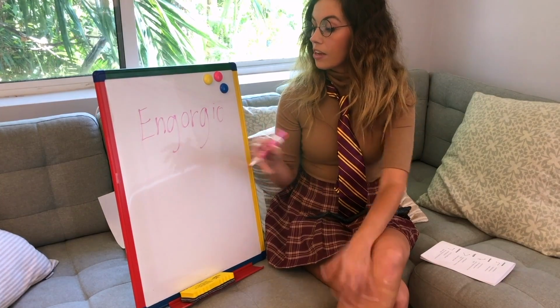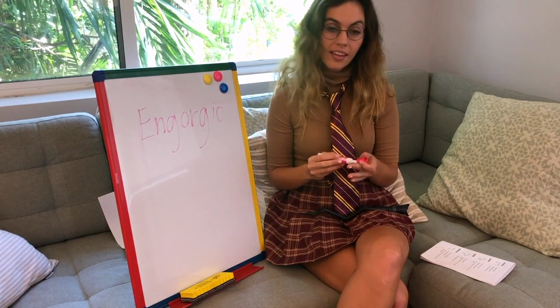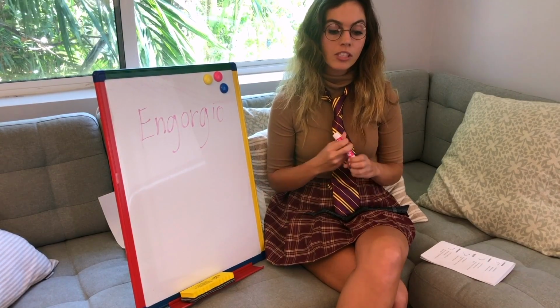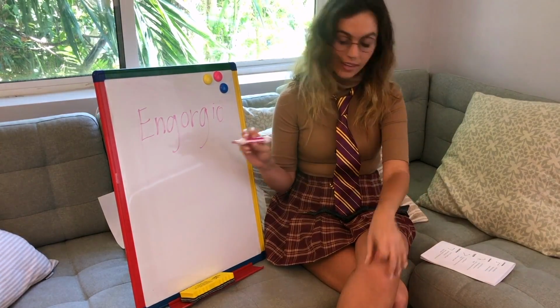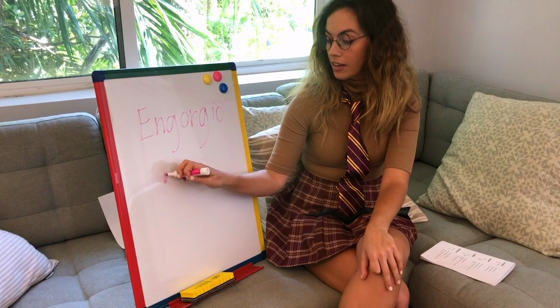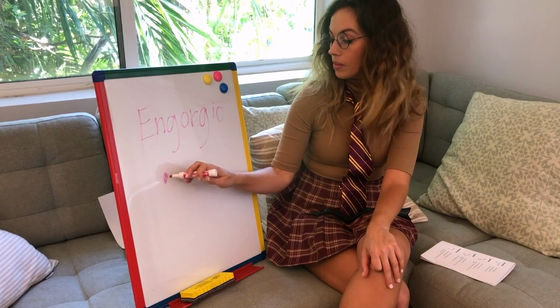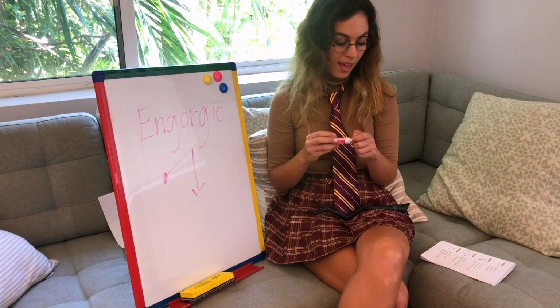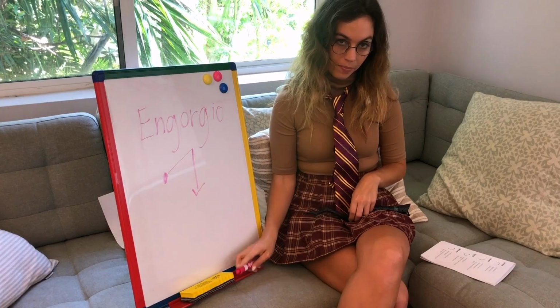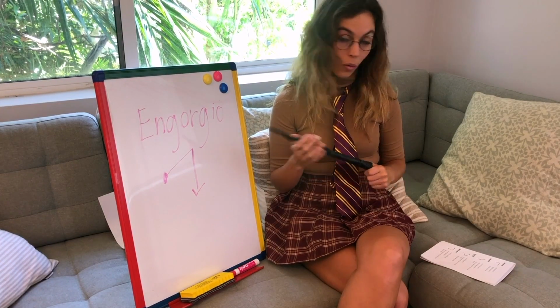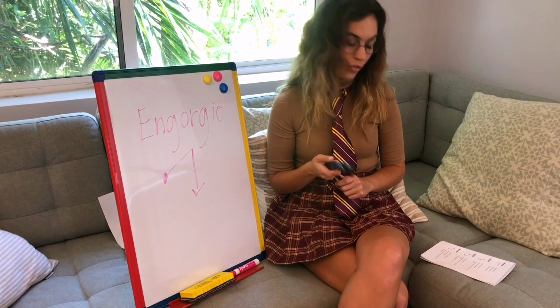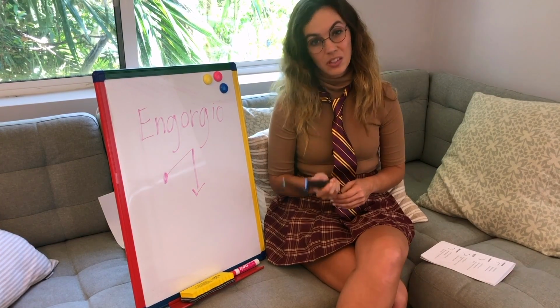So the next one is called Engorgio. Can you say that with me? Engorgio. And this one looks like this. So there's your starting point. You're going to make kind of a diagonal and down. Okay. And the Engorgio charm is an engorgement charm. So it's going to grow things. It's going to target something and make it swell.